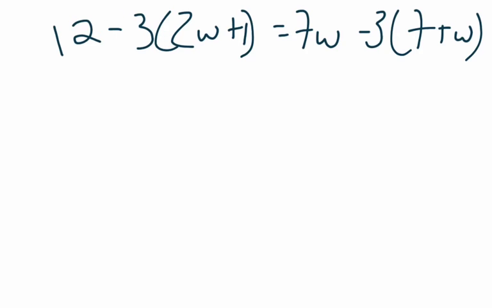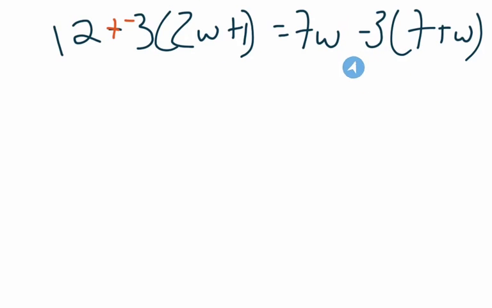Multiplication comes before subtraction, and parentheses come before subtraction. So this subtraction is subtracting this whole hot mess of stuff. It might help you to write that as plus negative 3 to remind you that you're distributing a negative 3.